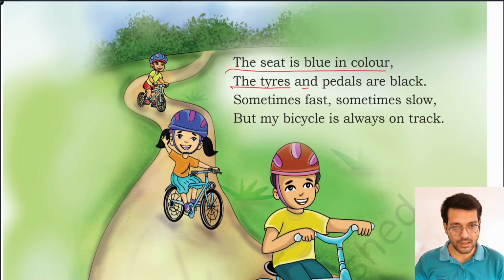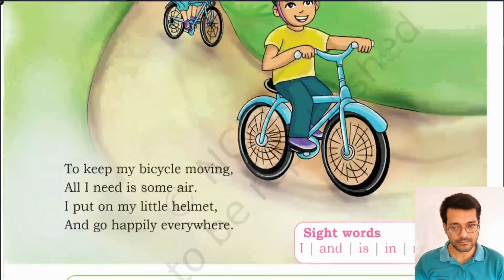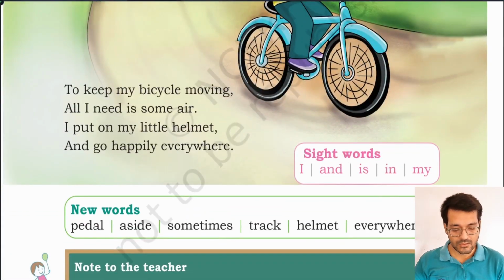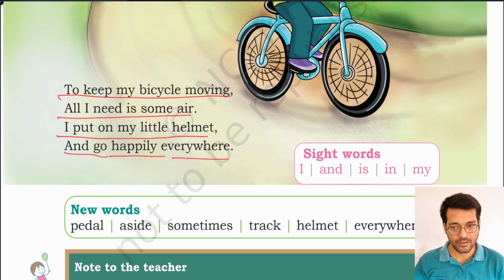The tires and pedals are black. Sometimes fast, sometimes slow, but my bicycle is always on track. To keep my bicycle moving, all I need is some air. I put on my little helmet and go happily everywhere.